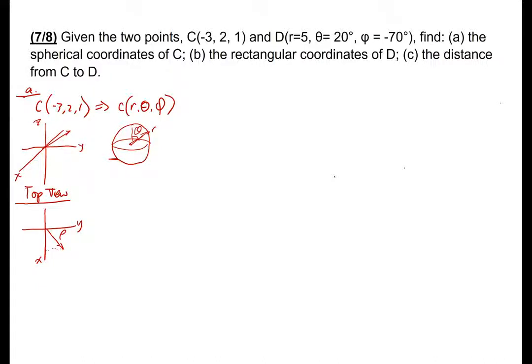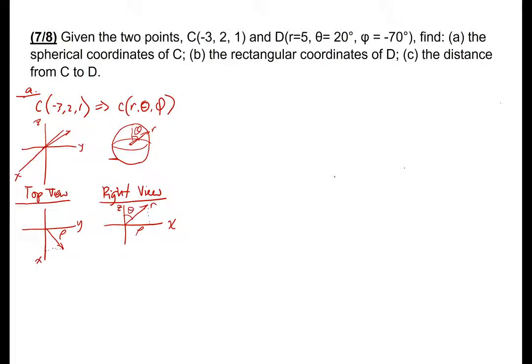If you look at the right side view or the front view, given Z and then given maybe Y or X. Let's say Y, because this is front. If you're looking at the right, we have X. So this is the R, and then this is the rho, and then this is the theta.